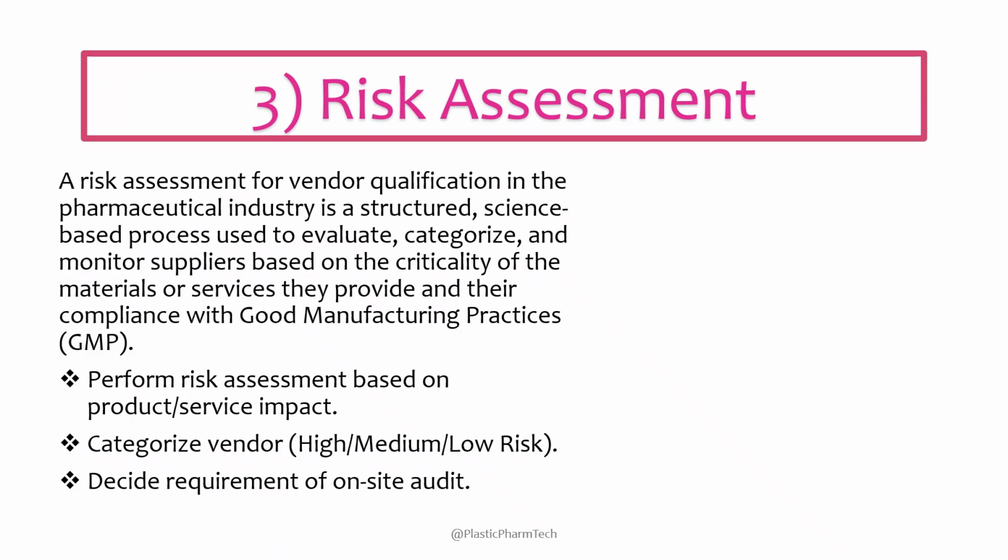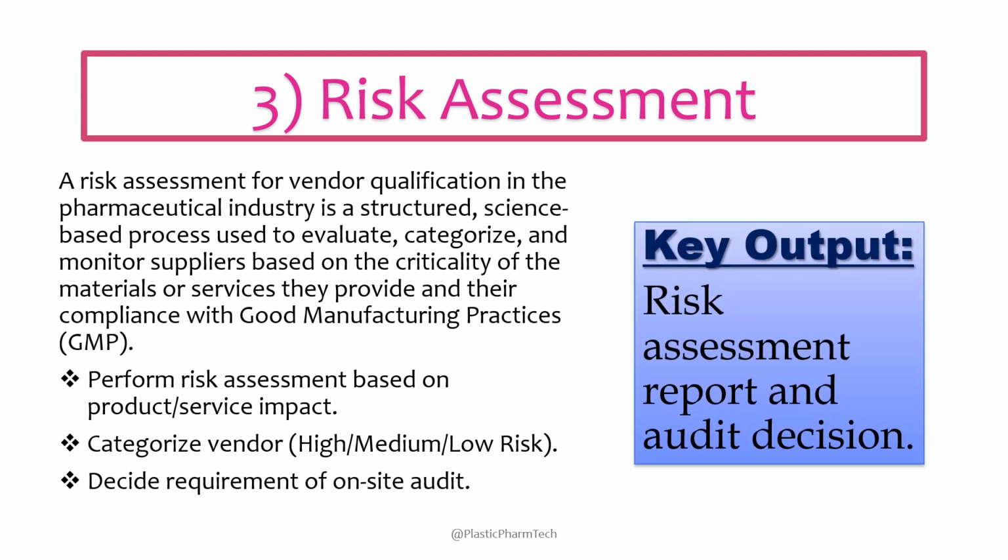First, we will perform the risk assessment based on product or service impact. Then categorize vendor, that is in high or medium or low risk. Then decide requirement of on-site audit. Then what should be the key output? A risk assessment report and audit decision.